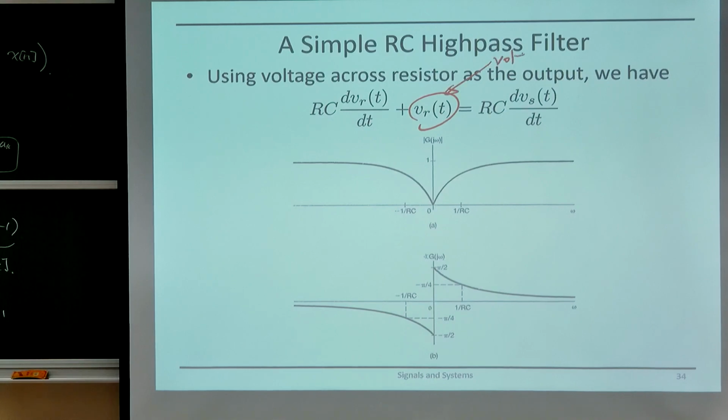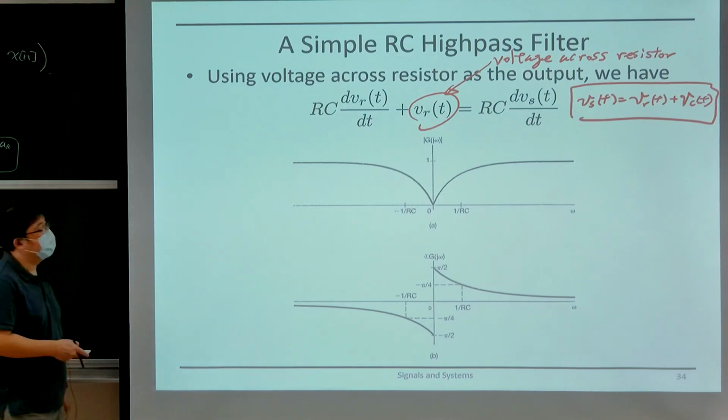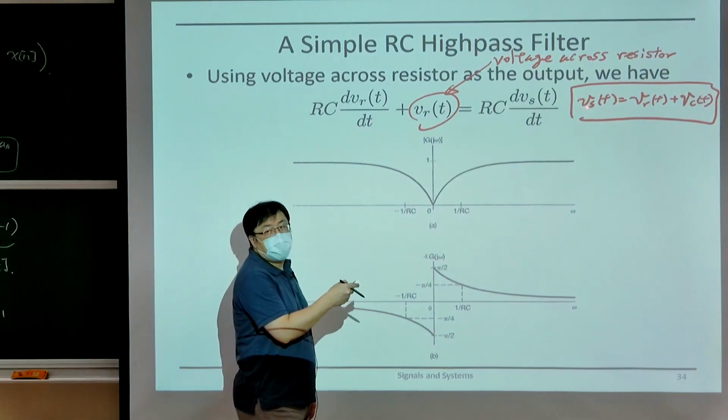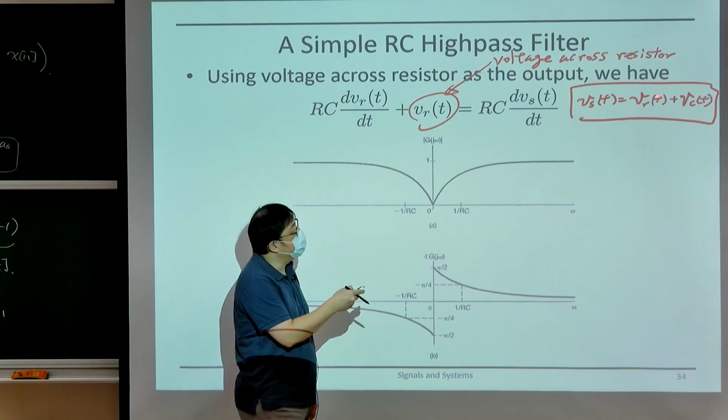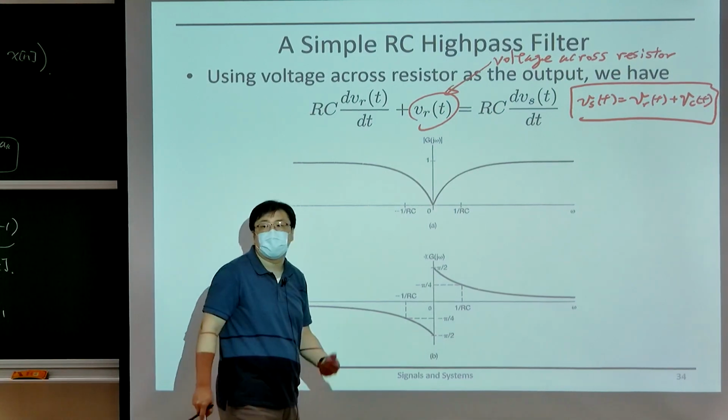So here, VR(t) is the voltage across the resistor, okay? And you could have obtained this directly by the fact that Vs(t) should be equal to VR plus VC. Okay? So this voltage across the source should be equal to the voltage across the resistor plus the voltage across the capacitor.